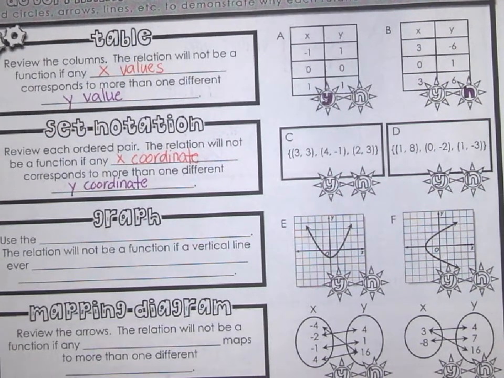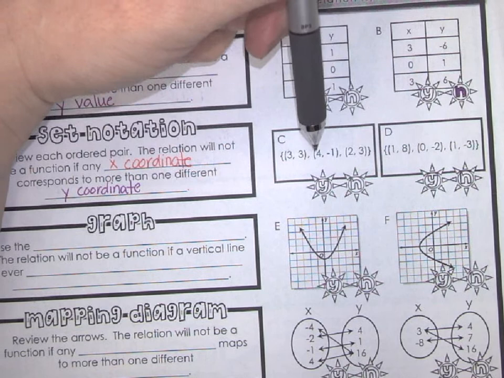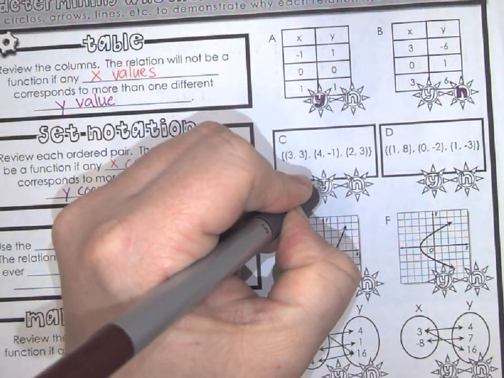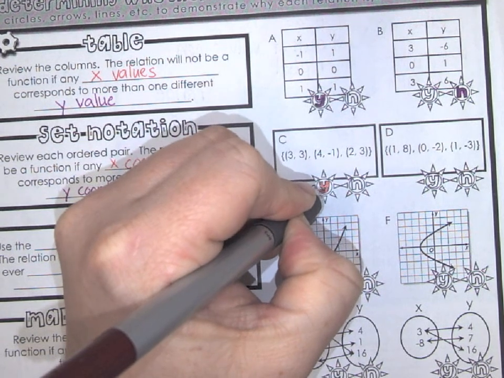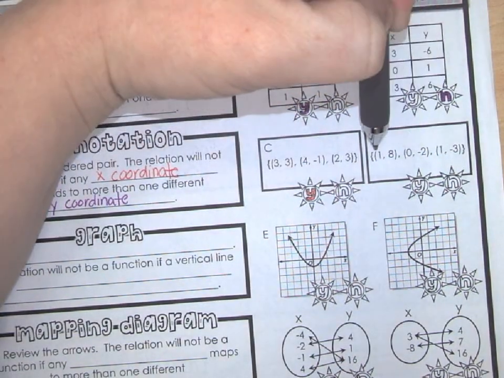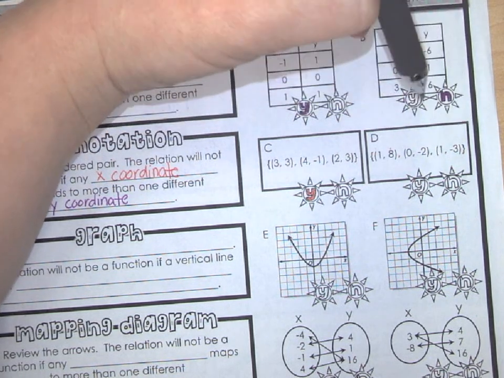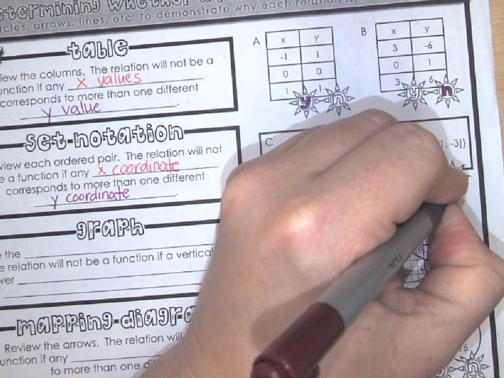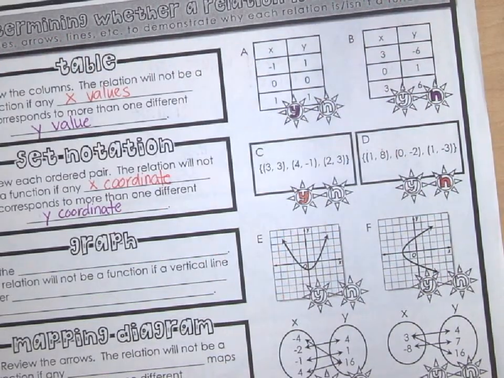So if we look at C, 3, 4, 2, none of them repeat. It is a function. 1, 0, 1. 1 and 8, 1 and -3. That's not allowed. This one is not a function.